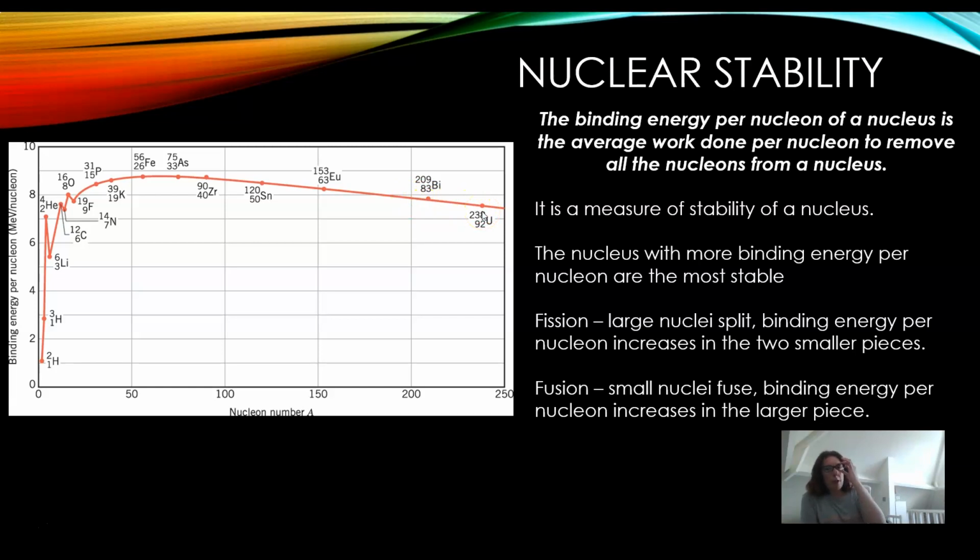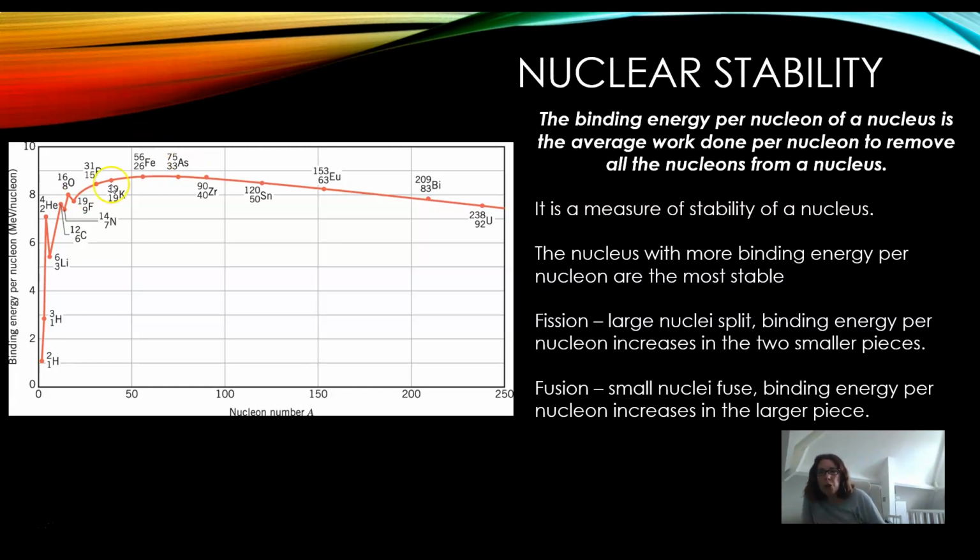So if you're an element on the right-hand side, what you need to do is make yourself smaller to move up and become more and more stable. And you might undergo fission to do that, so splitting, or you might undergo alpha and beta decay. So you're going to go up the graph that way.